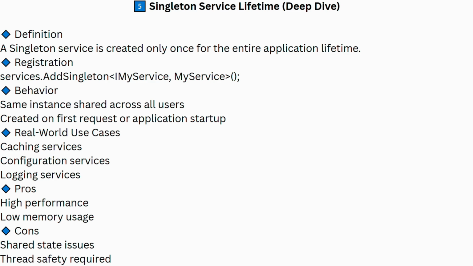So in real world use cases, you can see caching services, where you can create a singleton class. Like you are storing some information and you want to share it across the application, across the requests. User 1 wants that particular data, user 2 also wants it, user 3 also wants it.